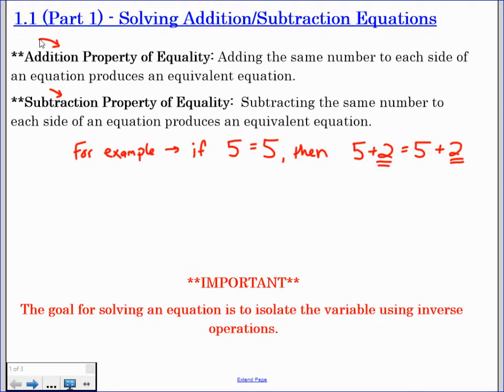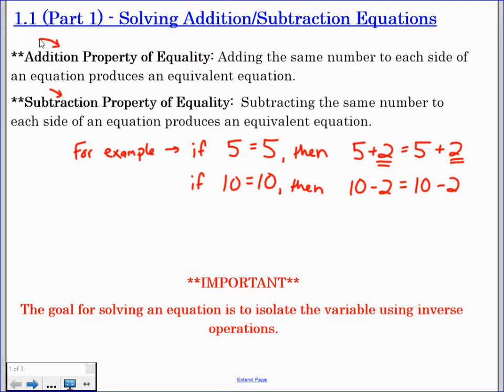5 plus 2 is still equal to 5 plus 2. And then same thing with subtraction. That means that 10 minus 2 is the same thing as 10 minus 2, and so on and so forth. So if 10 equals 10, then 10 minus 2 is going to equal 10 minus 2.